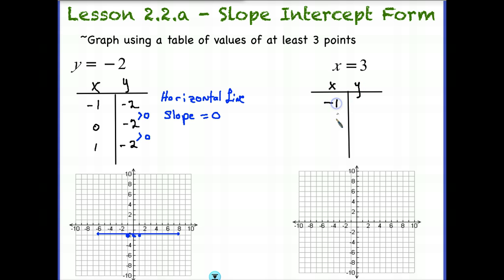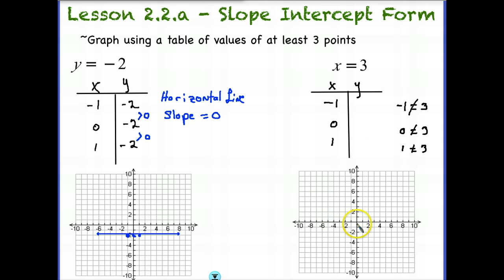So again, if I make my table of values and I plug in a -1 here for x, what happens? -1 equals 3, that does not work, right? How about 0? 0 equals 3, that doesn't work either. And how about 1 equals 3? None of those work, right? So this is not actually a linear function.